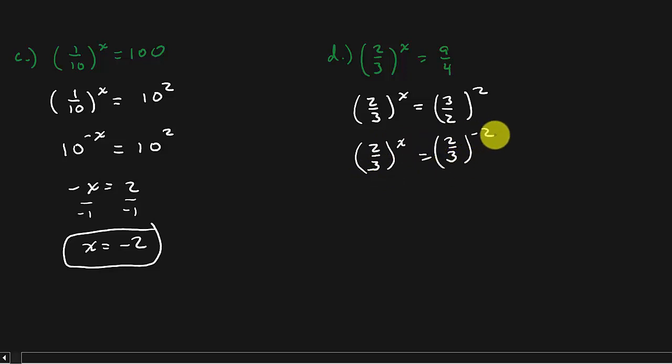Negative 2. When you take the reciprocal, it changes the sign of the exponent. And yes, if you wanted to, you could have taken the reciprocal of this one and written this as 3/2 to the negative x equals 3/2 squared. Either way. But now we just set the exponents equal. So that's x equals negative 2.